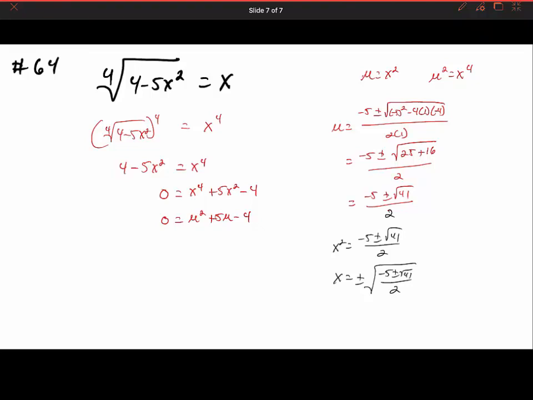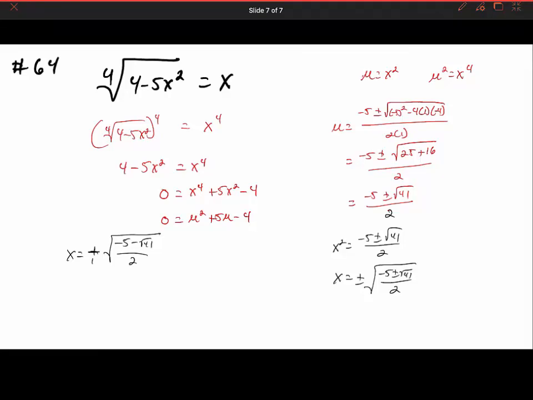Now, since I have the square root, if I were to do the first one, x is equal to minus the square root of -5 minus the square root of 41, we can see that, regardless of whether it is plus or minus, this one is going to be non-real.